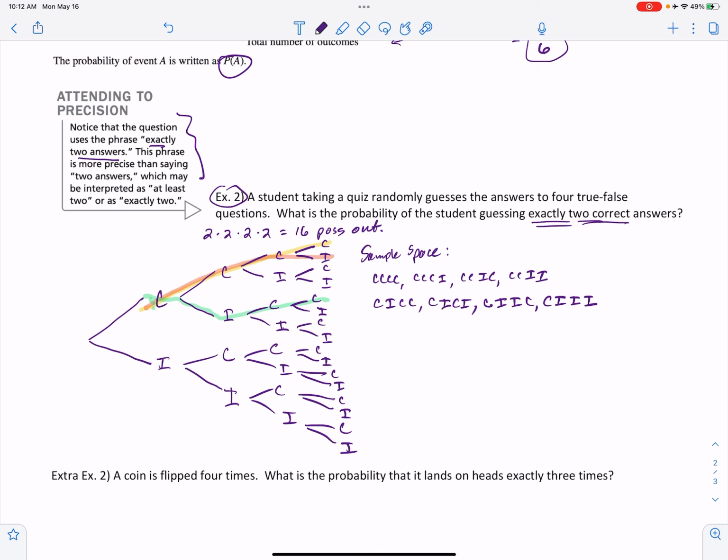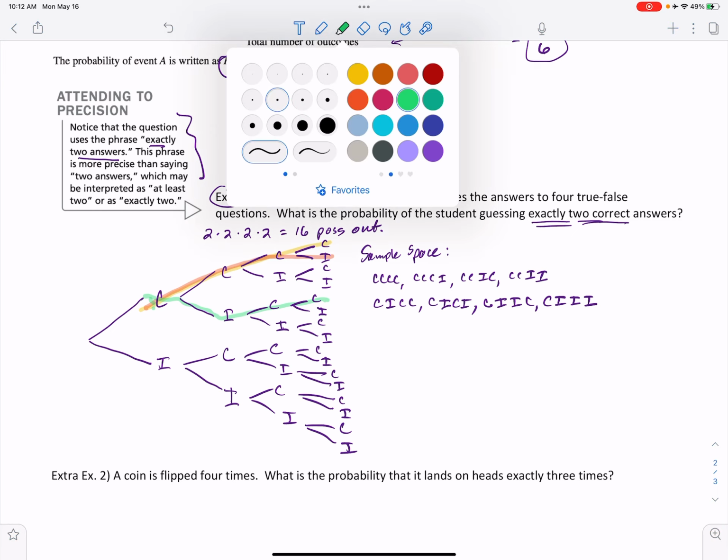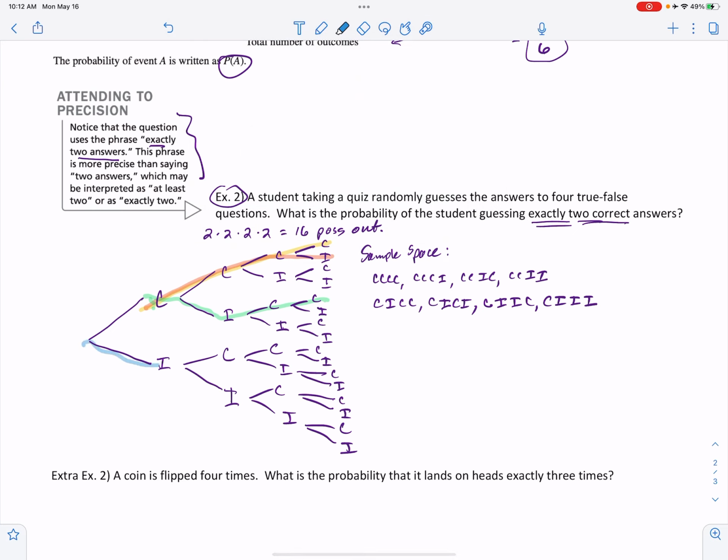It gets to be a lot. So from there, then I am ready to start here. Incorrect, correct, correct, correct.